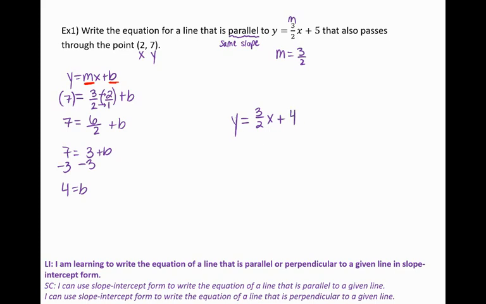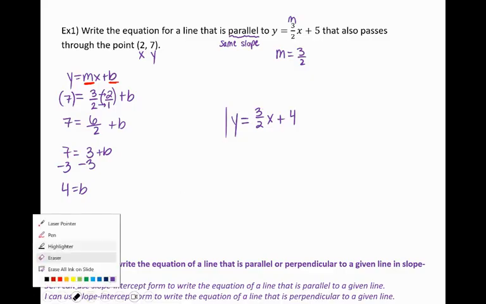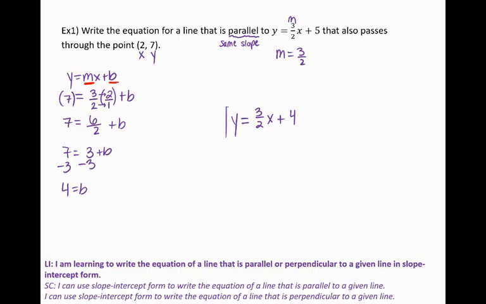Notice I take the x and the y and turn them back into variables. This is how I write the equation of a line. And that's the answer for our first example. As soon as I can box this up, let's go to the next one.